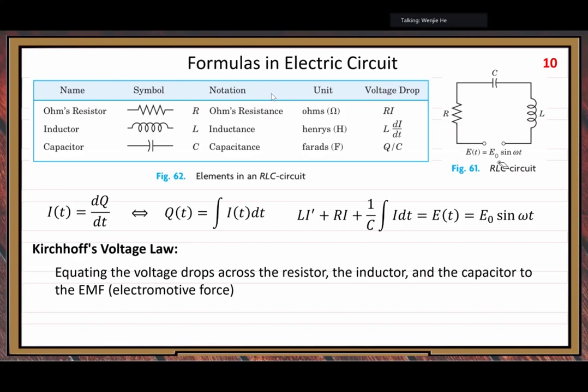Although there is an integral, this integral is a Q function, Q over C. Then I is Q prime, and I prime is Q double prime.